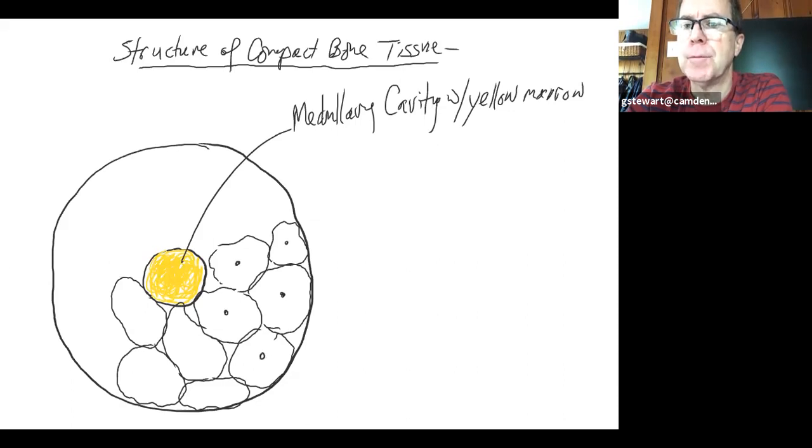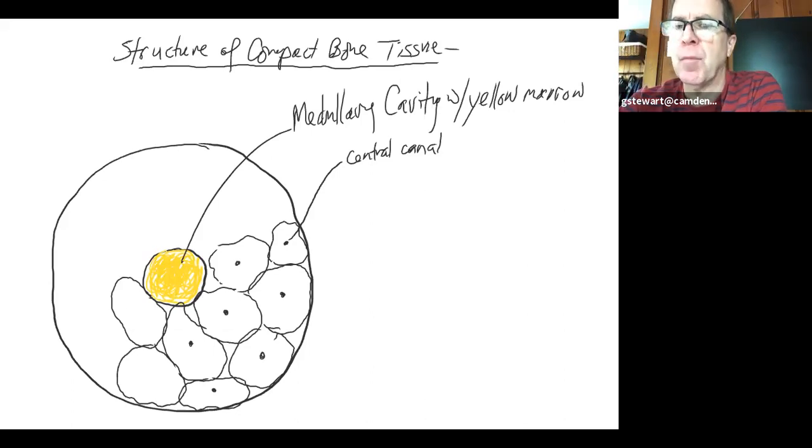And these holes run parallel to the medullary cavity. We call these holes in the center of these growth rings the central canal. So I'll label that. It's just a hole that runs parallel to the bone and parallel to the medullary cavity. So it would be running perpendicular to the screen here all the way through the bone.